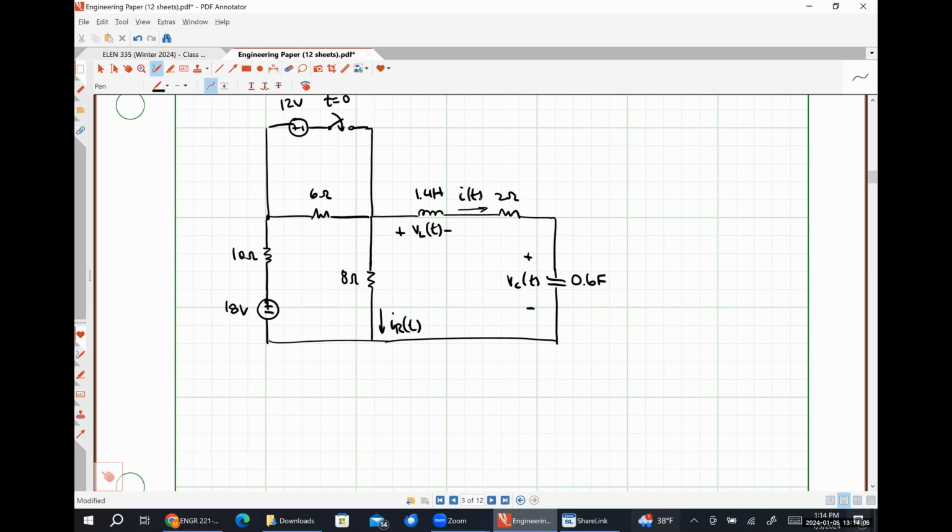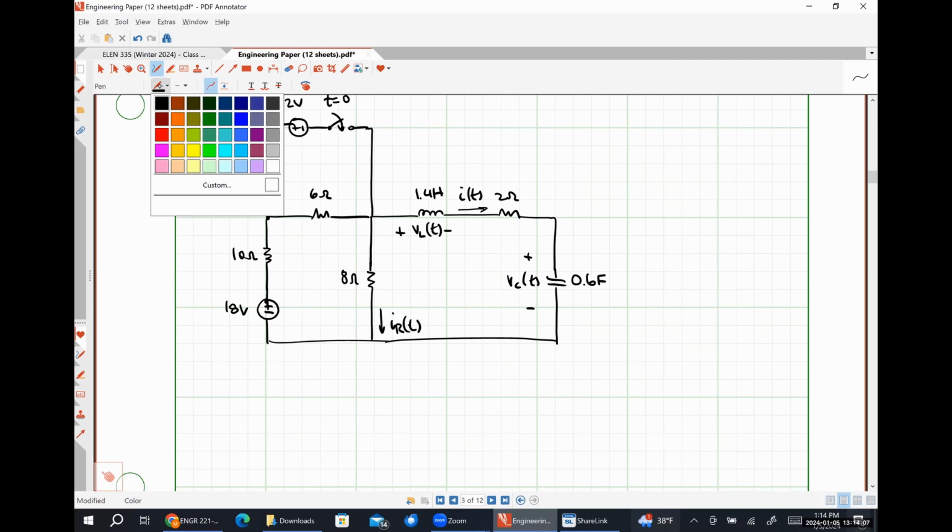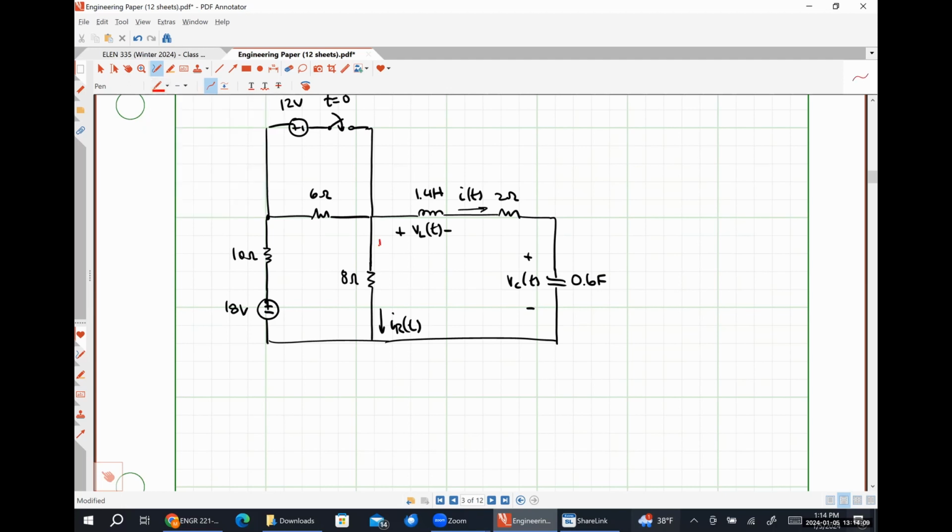So I'm going to do this in a different color because this is kind of an incidental thing that we're going to have to find. So this is the voltage drop across the resistor. So if I can figure out what that voltage drop is, then I can divide it by 8 ohms to find that resistor current. How can I relate this resistor voltage drop to these quantities?